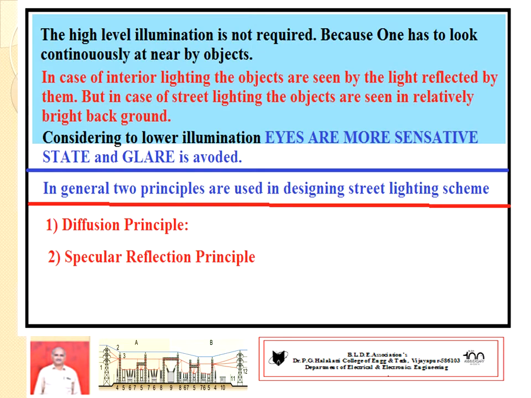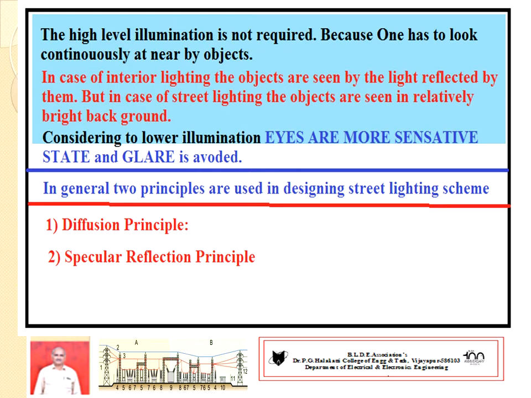As the illumination area is large, it might seem to require a high level of illumination, but high level illumination is not required, because the concentration is only on viewing nearby objects. Hence we consider lower illumination, because the eyes are in a more sensitive state and glare is also avoided.